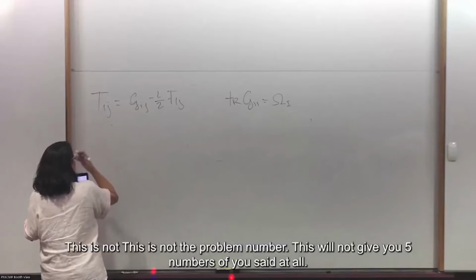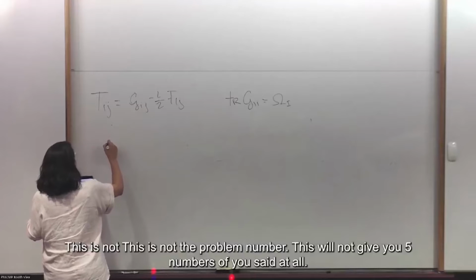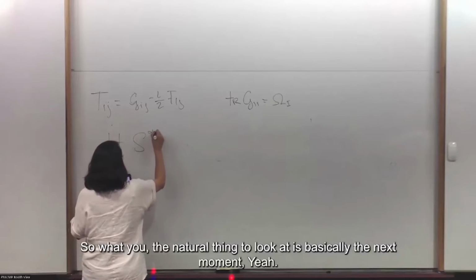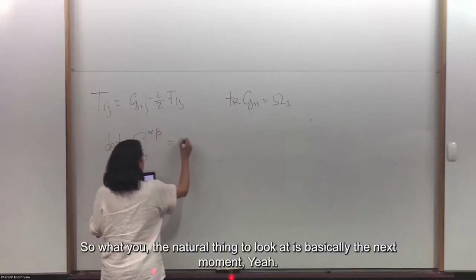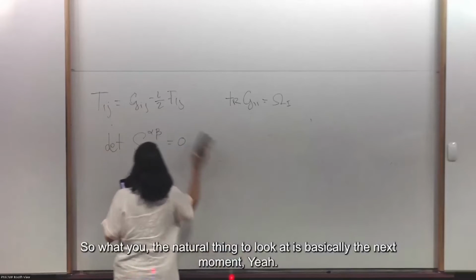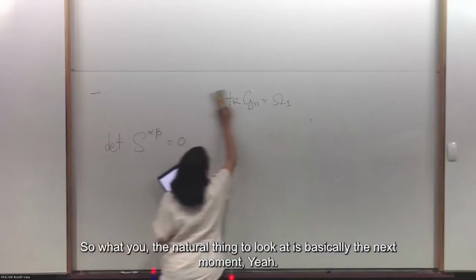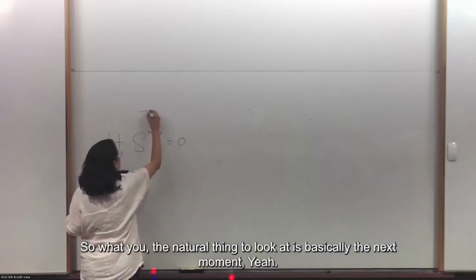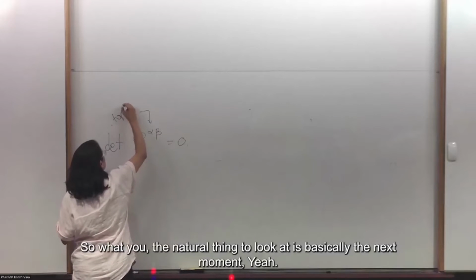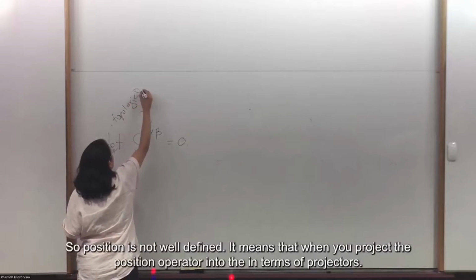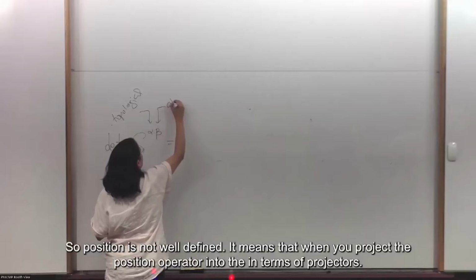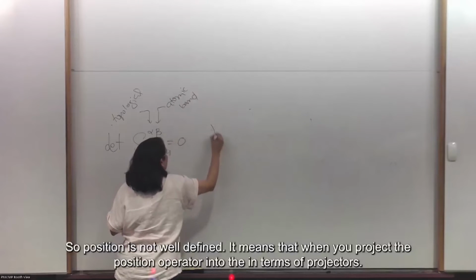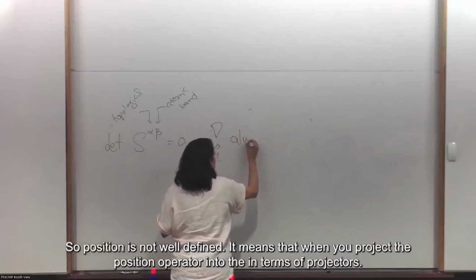Okay, so what do we say about adiabatic discontinuity between two different things? The determinant of this S matrix is going to be 0 between a band A and B. And now what I'm going to say is that if I choose A to be a topological band, and if I choose B to be an atomic band, this is always going to be 0.